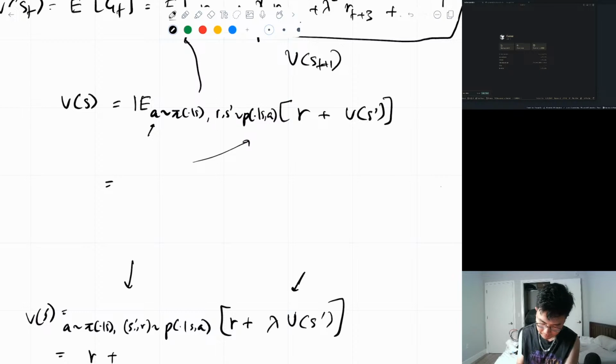And so if you write this out, you can actually expand this. If you want the full equation, I think it's the sum over a of the probability pi(a given s), sum over r, s prime.